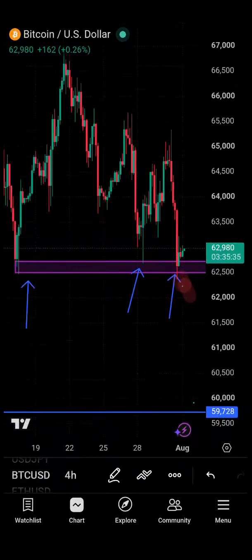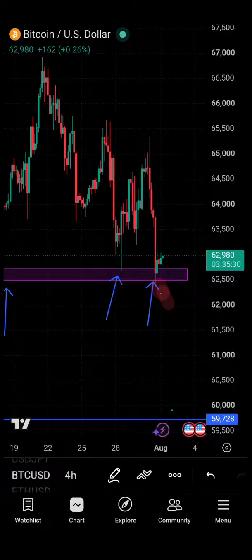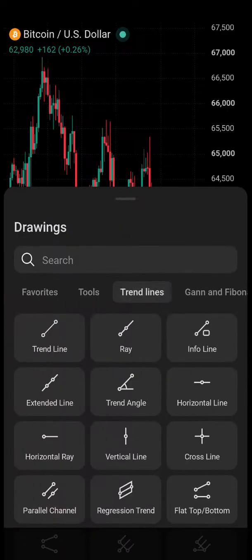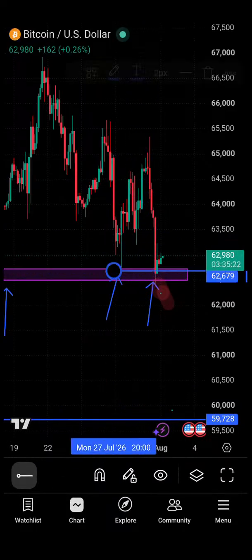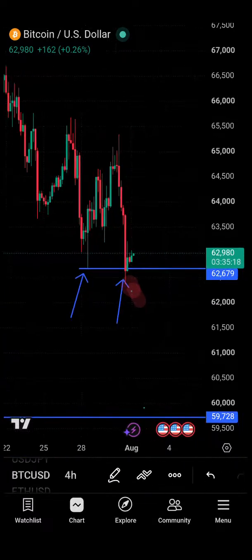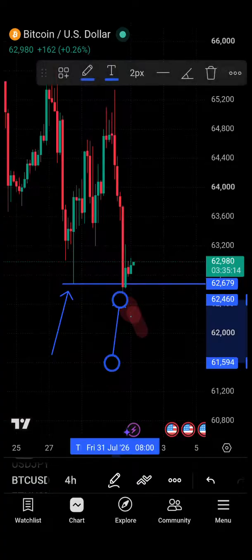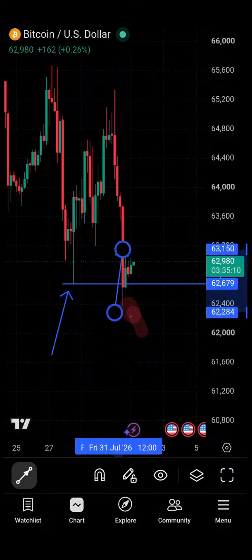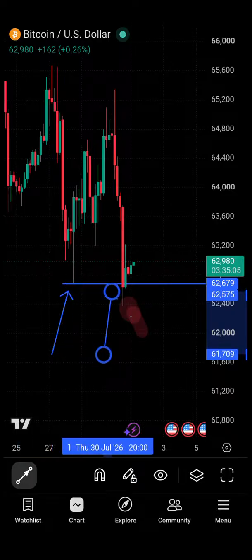Let's check the 1-hour time frame. What is happening on the 1-hour time frame? Because when I look from this area, let me remove this zone. You can see that the market managed to break this low. It had a full body close below this low.